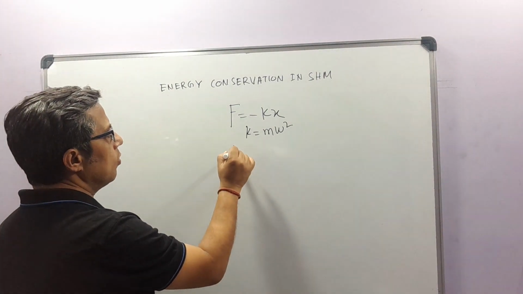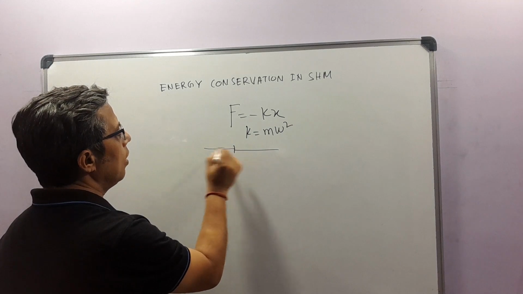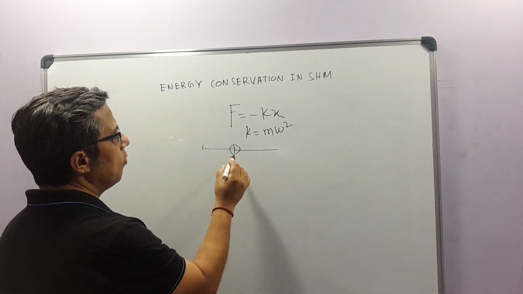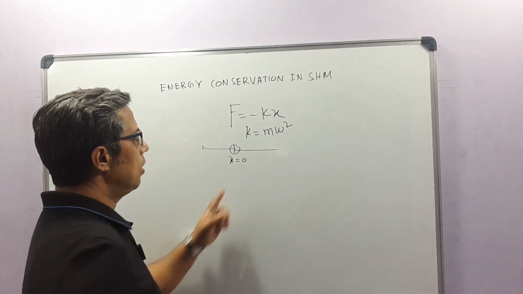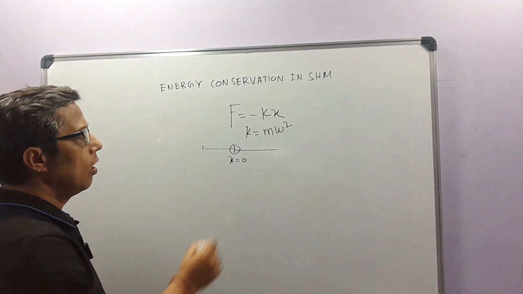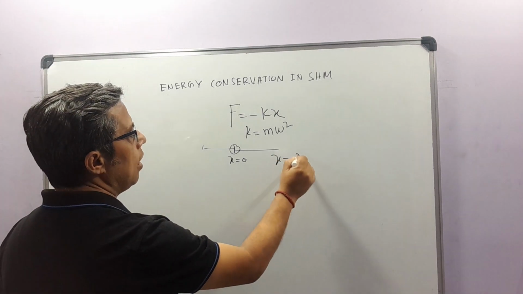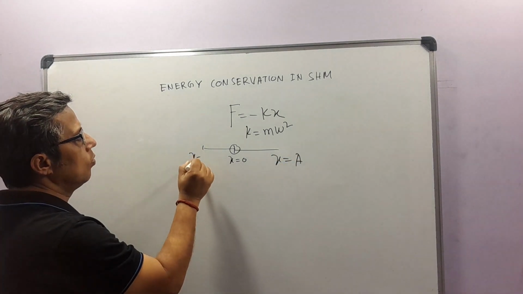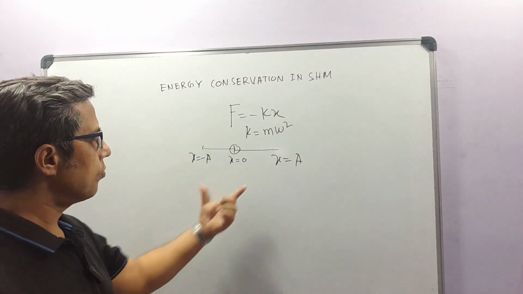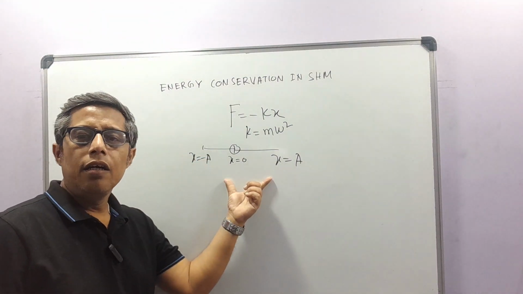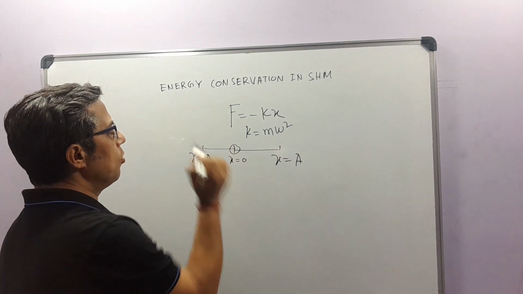And for simple harmonic motion, if this is the center of oscillation, the mean position, here we'll consider x is equal to 0, here x is equal to a, and here x is equal to minus a. So there are three positions, and these are the extreme positions.